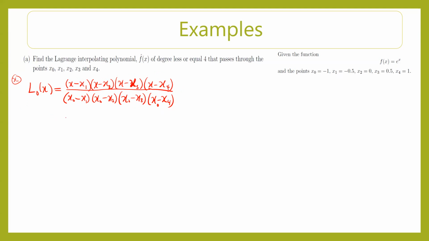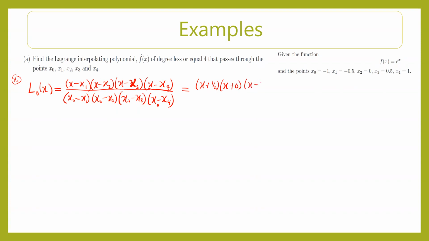And so this is simply x minus x1, x1 is minus a half, so that will turn to plus half. X minus 0, that's fine.